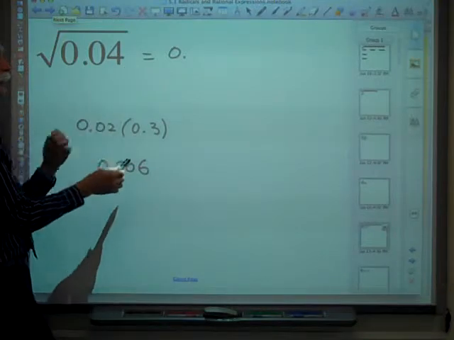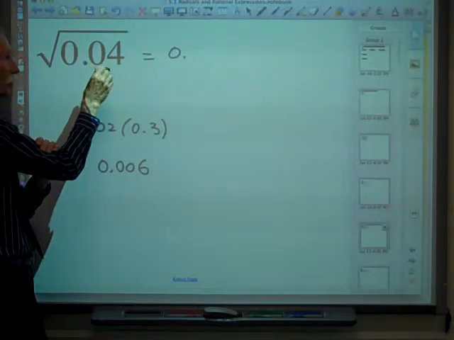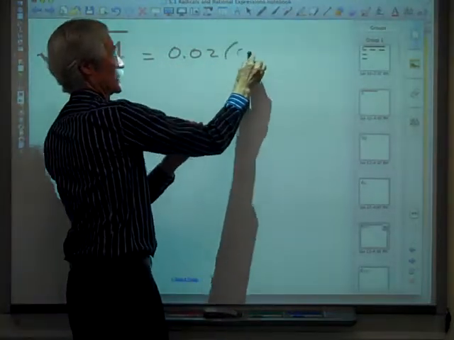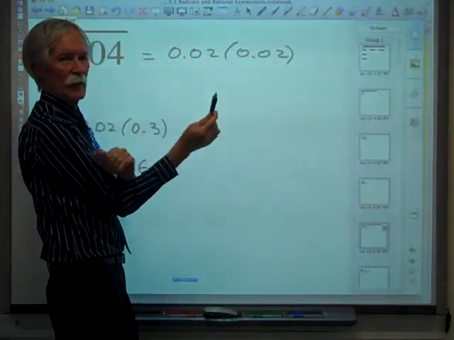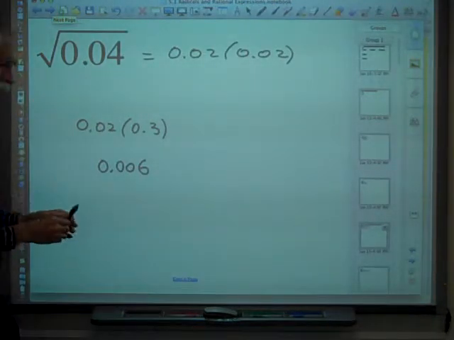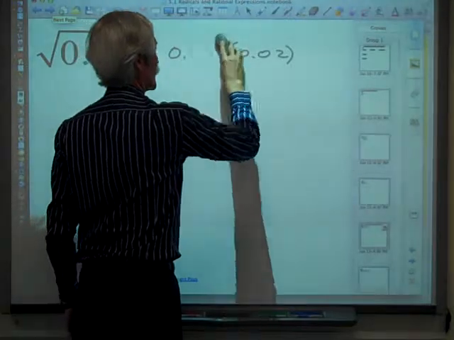What are we looking for? Something that can multiply itself and make 2 decimal places. One decimal. What if I do this times itself? How about this times itself? How many decimal places will that have? 4. We don't need 4 decimal places, do we? Oh, 0.2. Yes, we need 0.2 there.